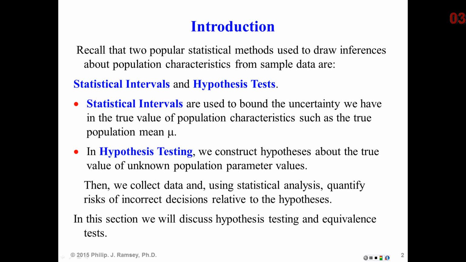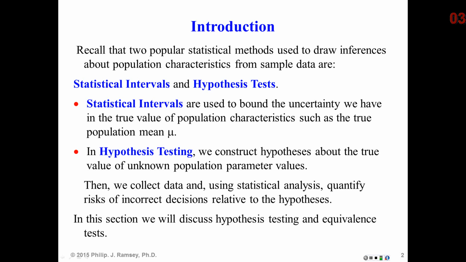Well, unlike statistical intervals where we collect some data, use a statistical formula, and compute a range of plausible values for the theoretical parameter mu, or whatever parameter you're interested in, like sigma, the standard deviation. In hypothesis testing, we begin by constructing hypotheses about what the actual values might be of these theoretical parameters, or basically unknown constants.